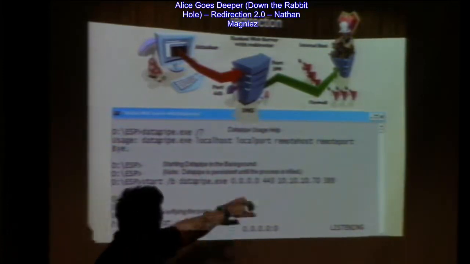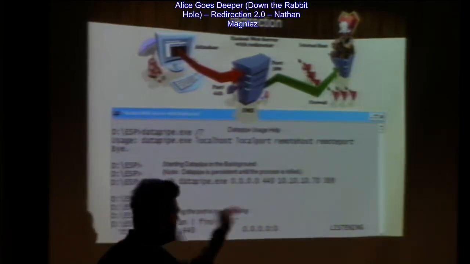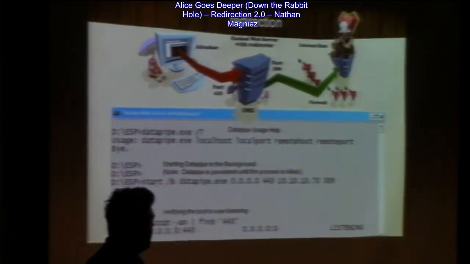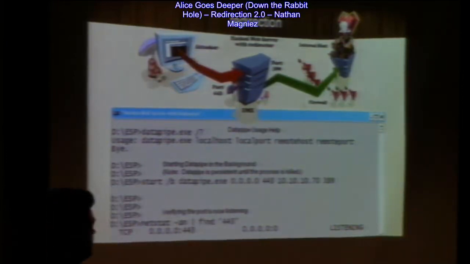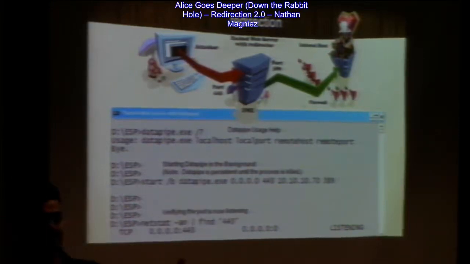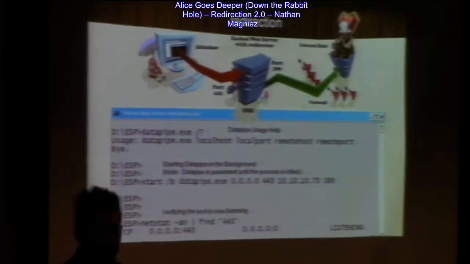DataPipe.exe on any interface 0.0.0.0, 443 on to my internal target of 10.10.10.70 on port 389. Hit enter, double check netstat, make sure it's listening. It is. Send my attack through. It gets into our internal target where we have another shell hopefully waiting for us again. Right? Everyone good so far? Any questions?